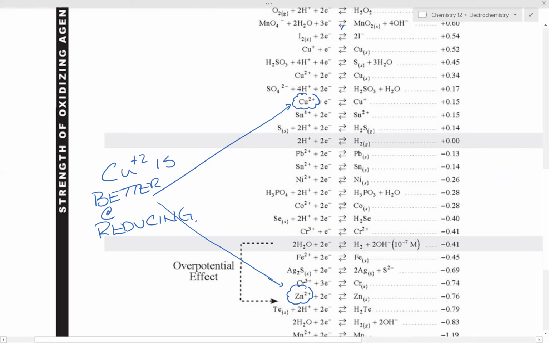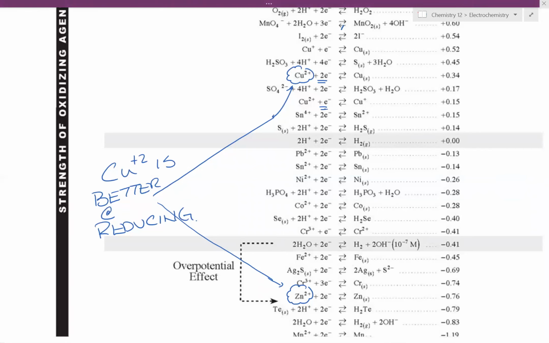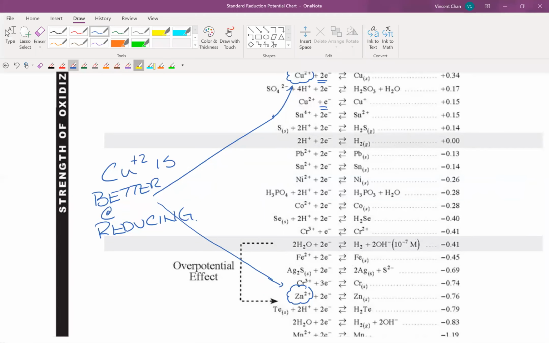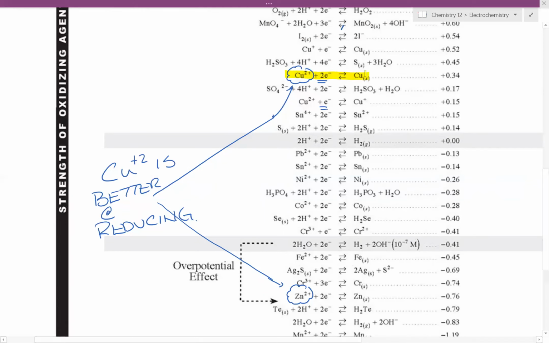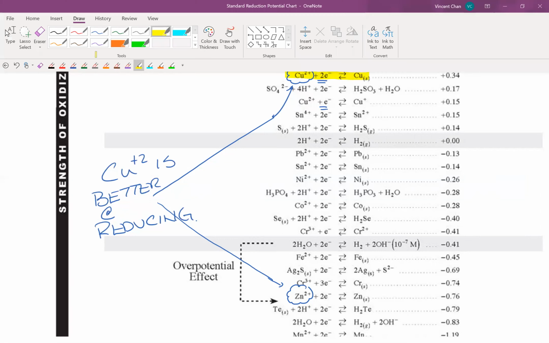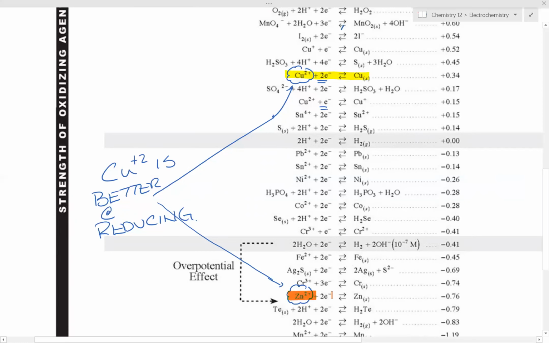Oops, I want to say I made a mistake here. It should be the copper +2 up here. What's the difference is because of the electrons. Okay, so I'm looking at this particular half reaction here and this particular half reaction down here.